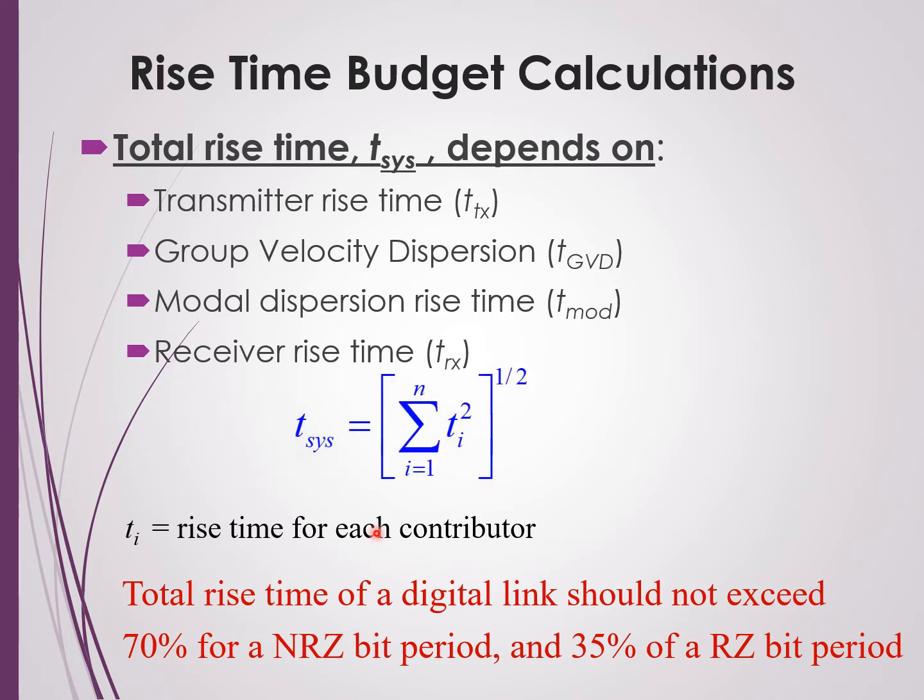To get the total rise time, we square each contributor's rise time, add them all, and then take the square root of the value. The total rise time of a digital link should not exceed 70% of a non-return-to-zero bit period and 35% of a return-to-zero bit period.